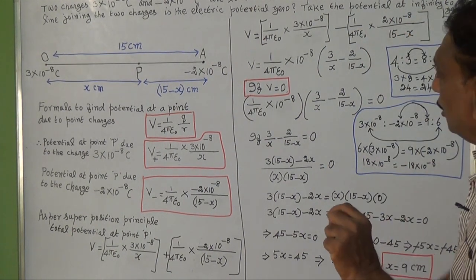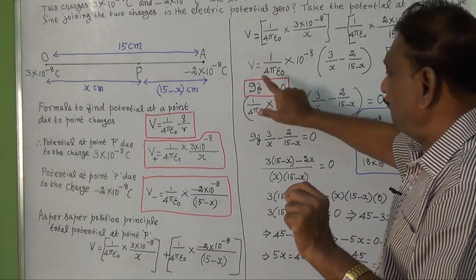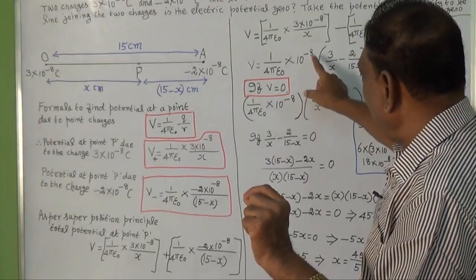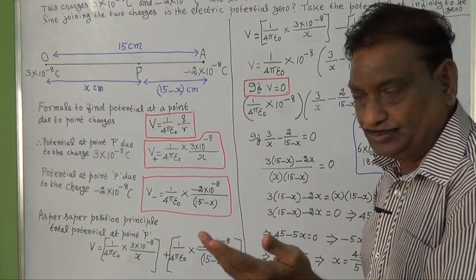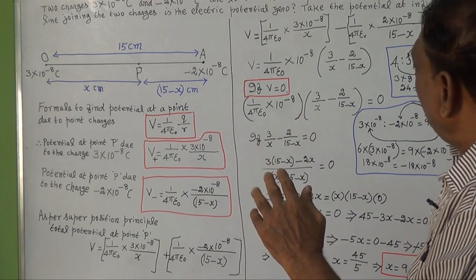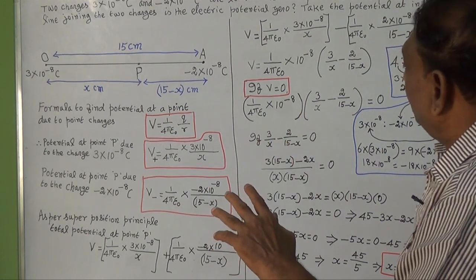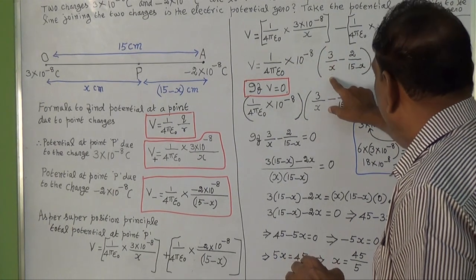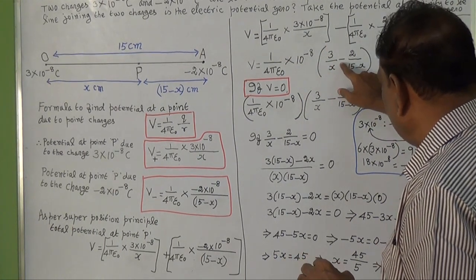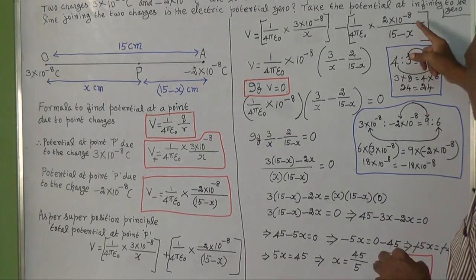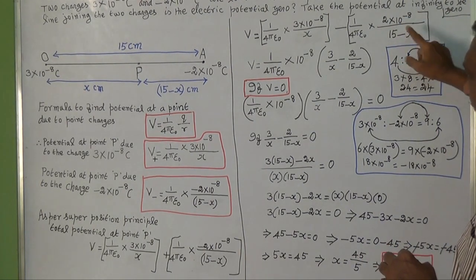So the common factor 1 by 4 pi epsilon naught into 10 to the power of minus 8 is taken out. Then what will be the remaining in the first term? The remaining in the first term is 3 by x, minus is written as it is, and the remaining in the second term is 2 by 15 minus x.